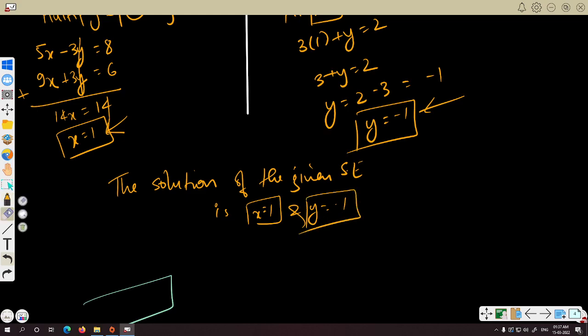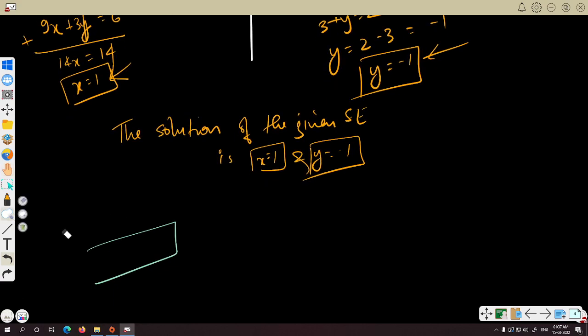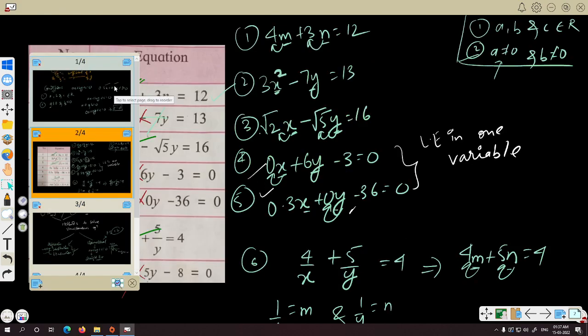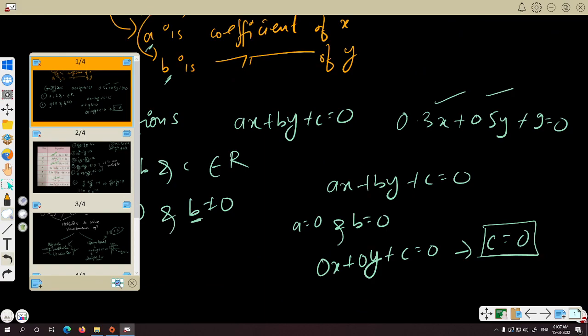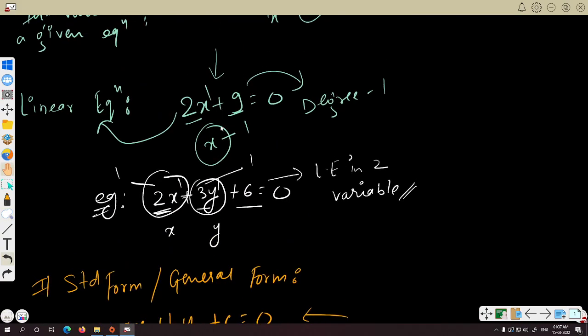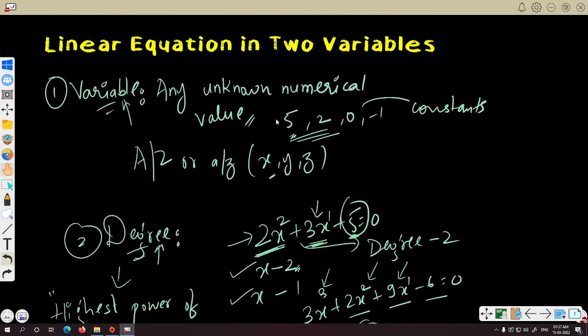So this was all about the basic concept of chapter number 1, linear equation in two variables. I hope all the concepts are clear to you. We'll move on to the first page now. Yes, linear equation in two variables.